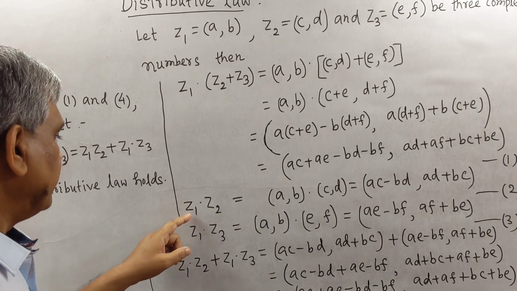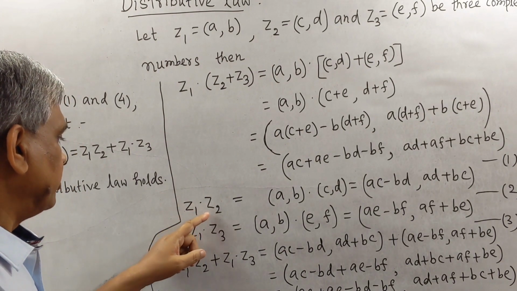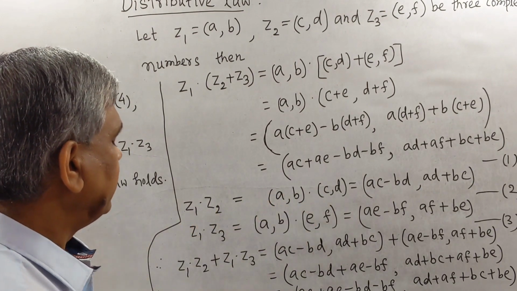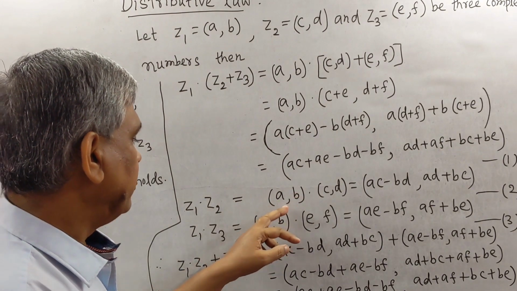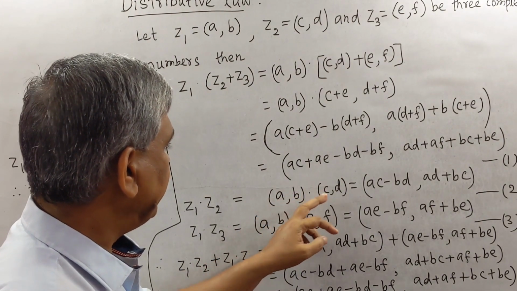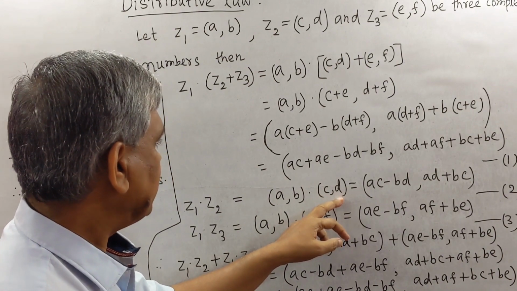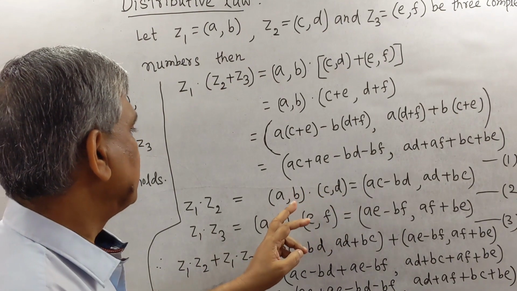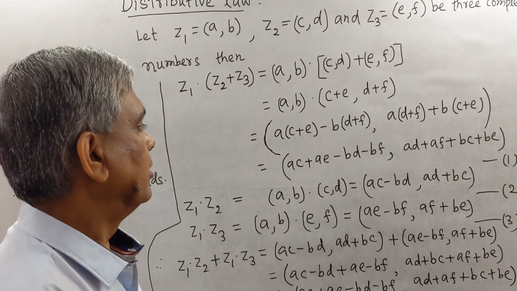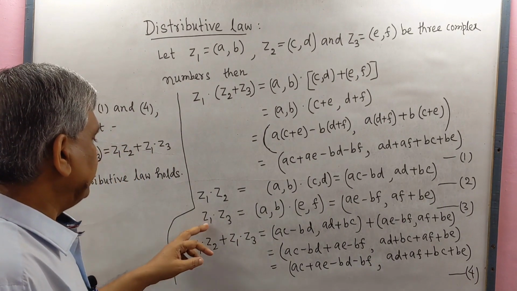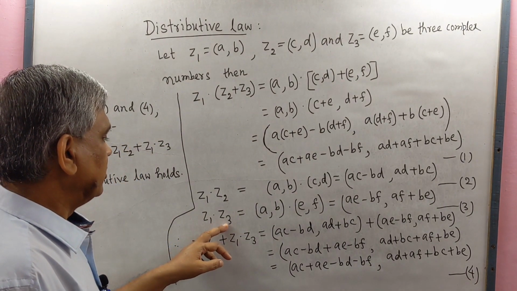Now we find Z1 multiply by Z2. Z1 is ordered pair (a,b) and Z2 is ordered pair (c,d). We multiply two ordered pairs: (ac minus bd, ad plus bc). Again we multiply Z1 Z3.